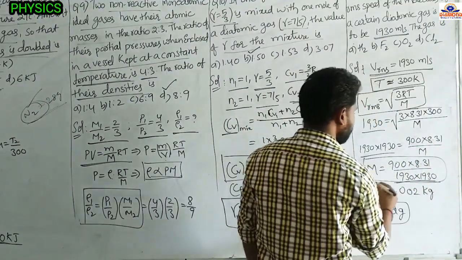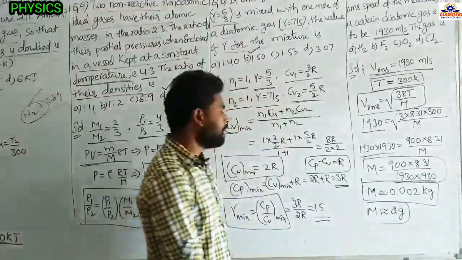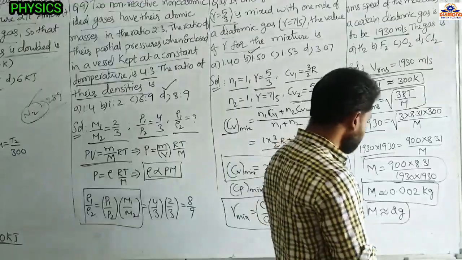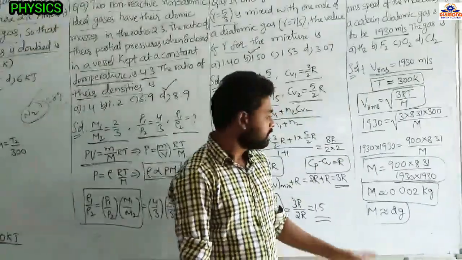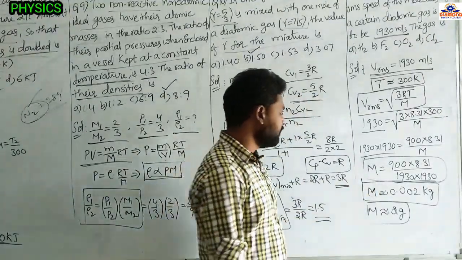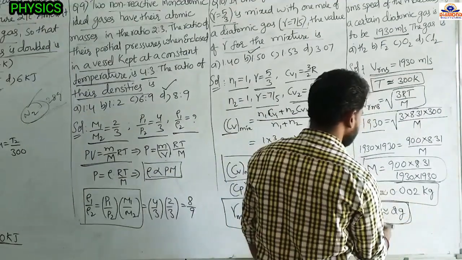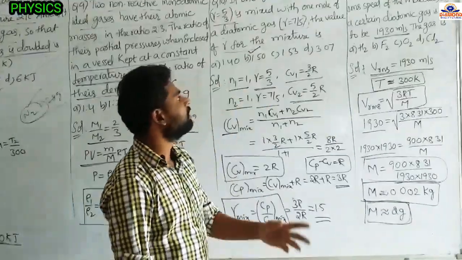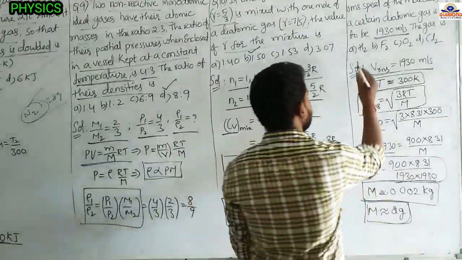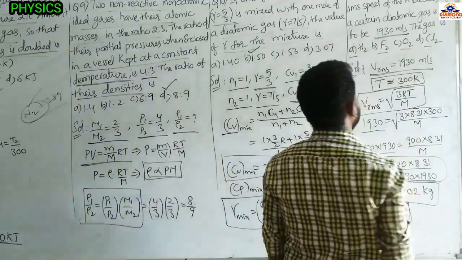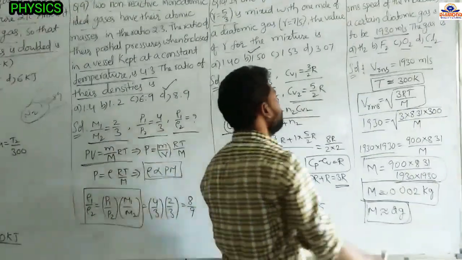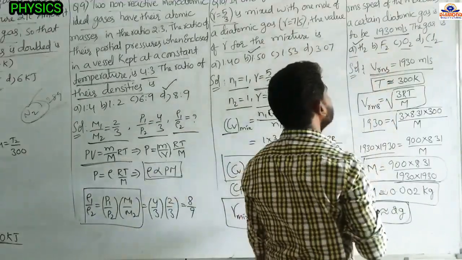Simplify this and we get the atomic mass equal to 0.002 kg. Convert this kg into grams, multiply by 1000, then we get the atomic mass equal to 2 grams. The options are helium, fluorine, oxygen, chlorine. The gas with atomic mass 2 grams is nothing but helium gas. So option A is the right answer.